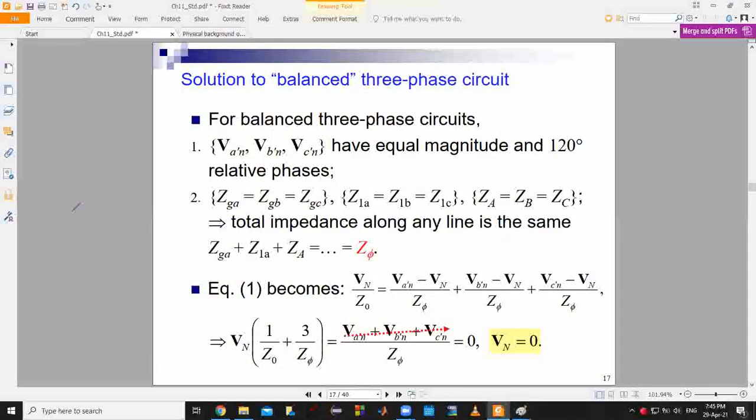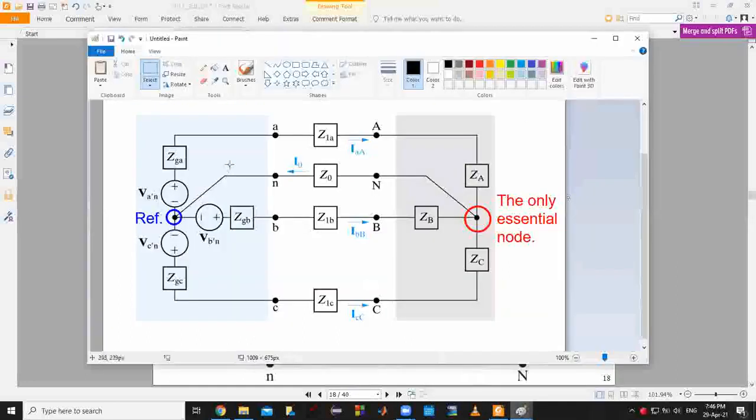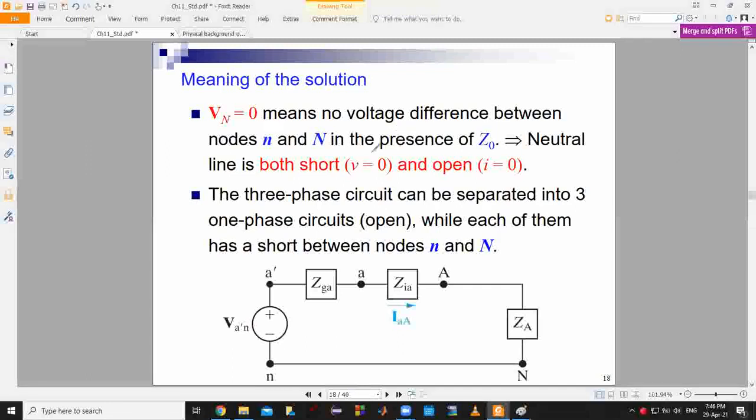So that means there is no voltage difference between n and big N. Between this and this is the neutral line. There is no voltage along this. So there is a short circuit, which means there's zero voltage, and there is no current flowing through it, which means there's an open circuit.